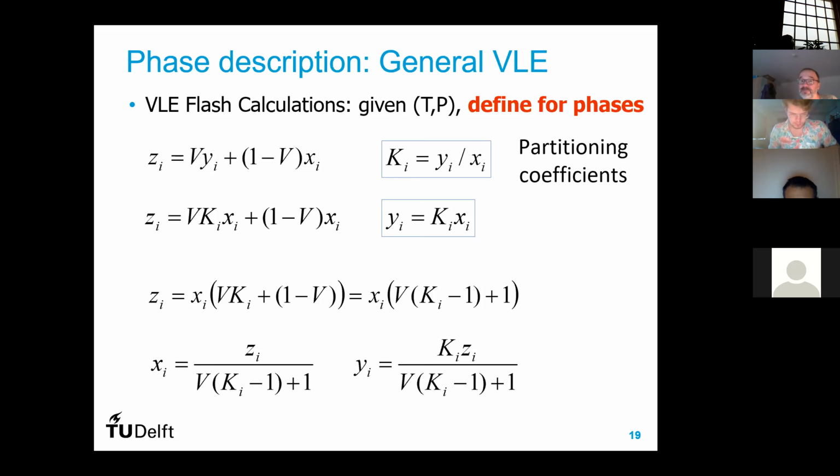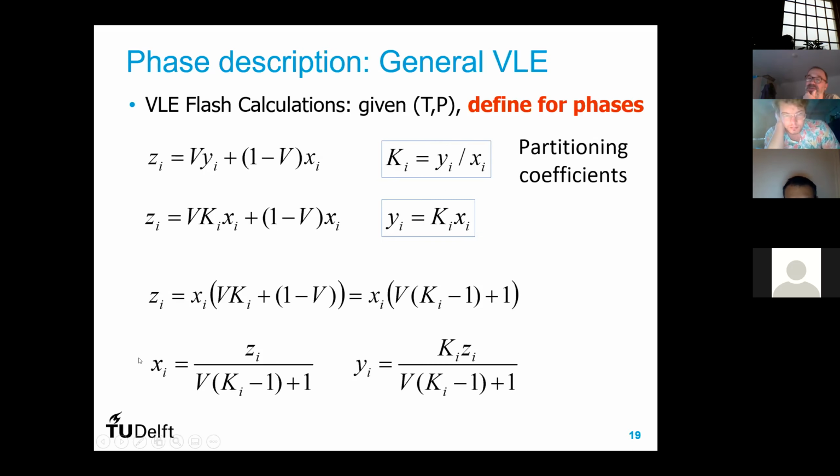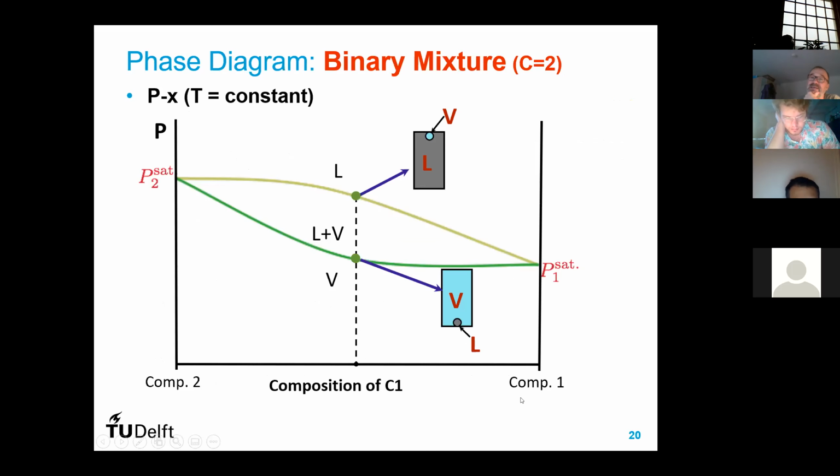And now, if we return back to here, using these simple equations, I can compute when my composition becomes a bubble point composition, or when my composition becomes a dew point composition.